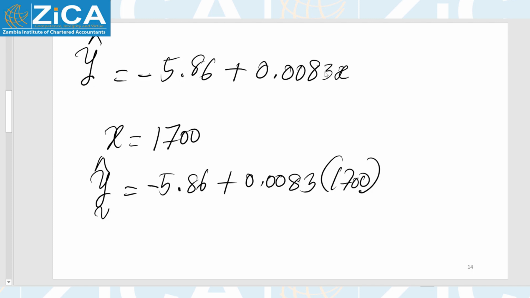You have got your y hat being equal to minus 5.86 plus 14.11, and this will be equal to 8.225.